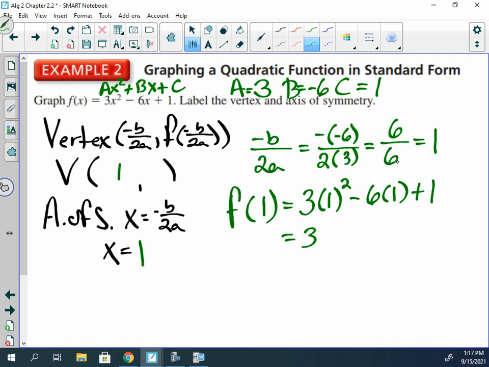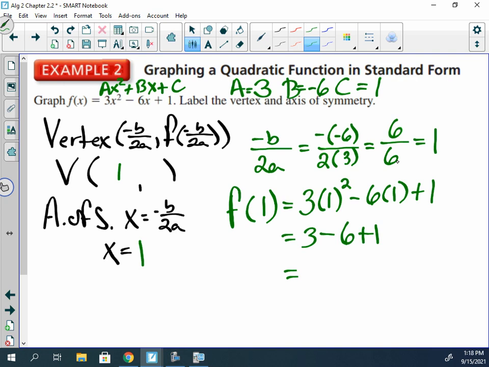Well, we could actually just type that in a calculator: 3 parentheses 1 close parentheses squared, minus 6 times 1 plus 1. What's 1 squared? 1 times 3 is 3. And 6 times 1 is still going to be 6.